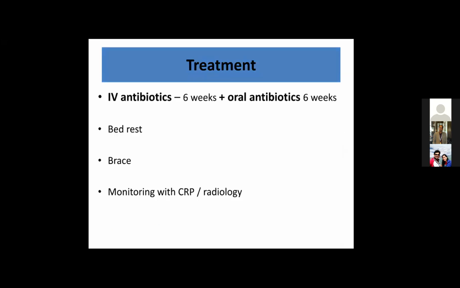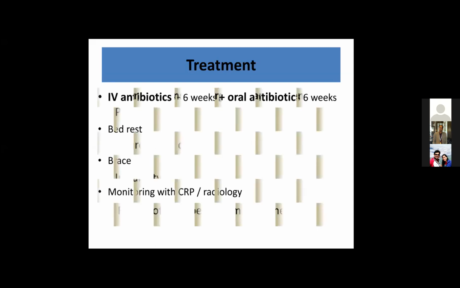So coming to the treatment, the primary modality of treatment is antibiotics, appropriate antibiotics. It can be 6 weeks of IV followed by 6 weeks of oral antibiotics. Adequate rest should be given, support in the form of a brace, and monitoring the response using clinical parameters, CRP and radiology.